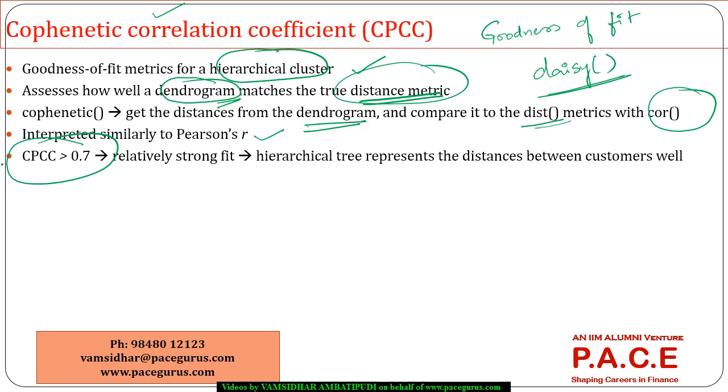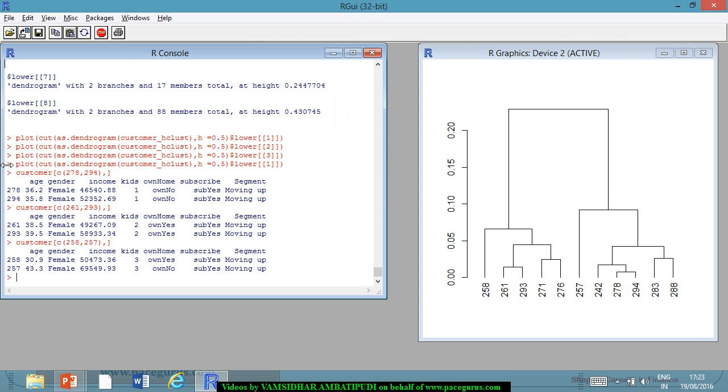This is what we can test by using this cophenetic function, wherein you take the distances you have got using your daisy function and the clusters, the segments, that got created using the cluster analysis, and test the correlation between them by looking at the cophenetic.